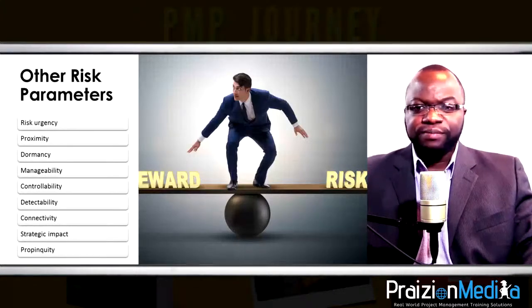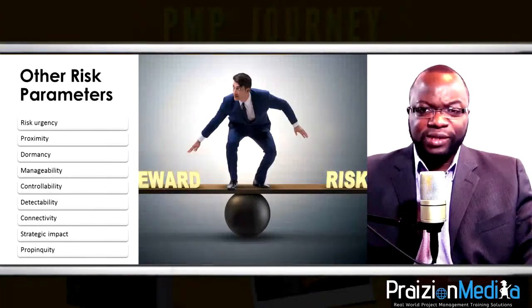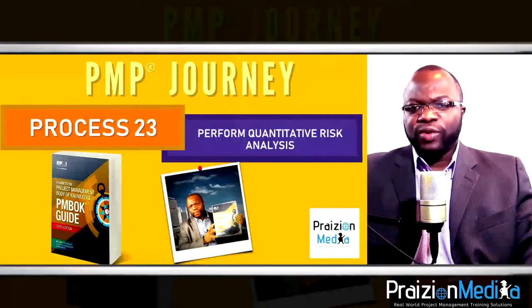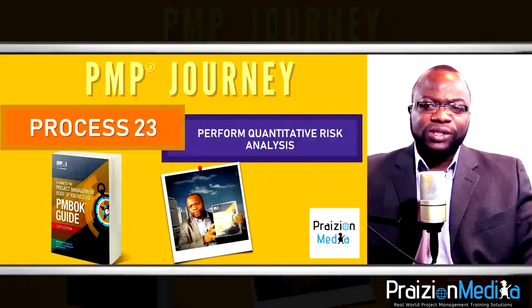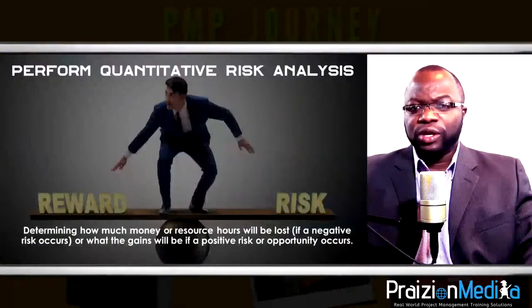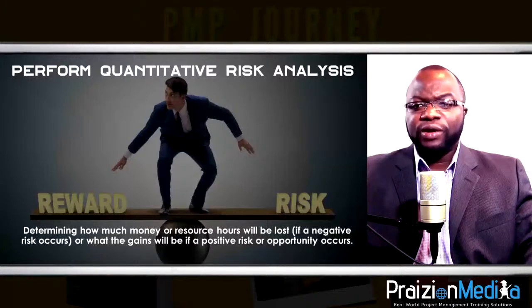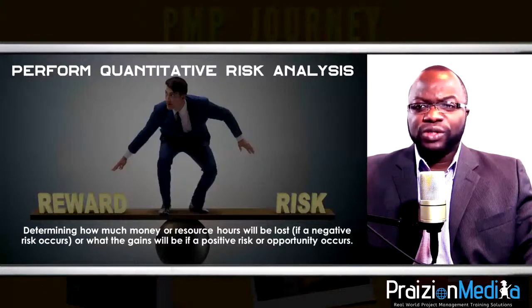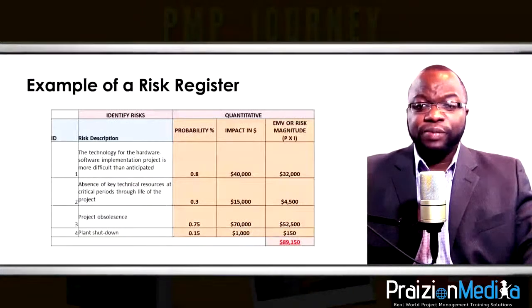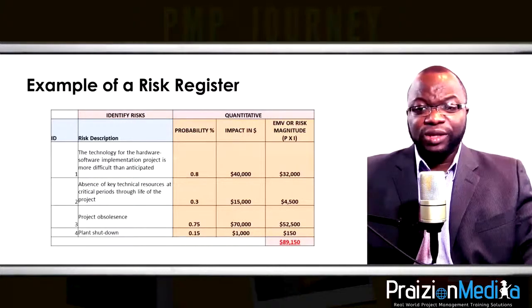Process 23, perform quantitative risk analysis. This is where the project manager and the team should quantitatively analyze the risks from a dollar perspective or from a resource hour perspective or some other quantitative measure. Typically, it's probability times impact, probability in terms of a best guess or in terms of expert judgment, if you wanted to call it that, times the impact.